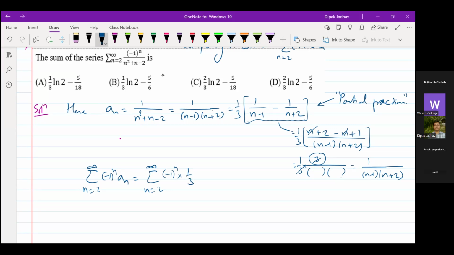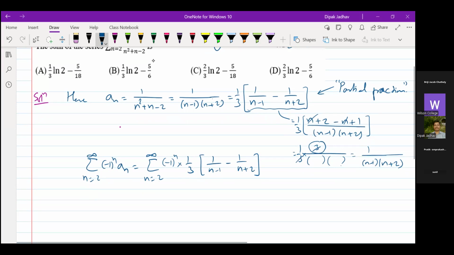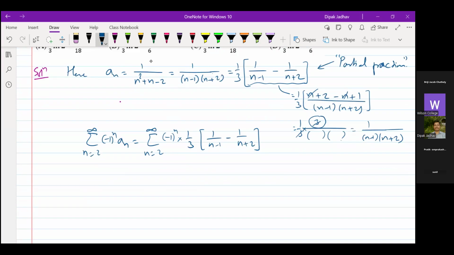It is 1 by 3 times 1 upon n minus 1 minus 1 upon n plus 2. So this will be equal to 1 upon 3 outside, summation n from 2 to infinity minus 1 raised to n upon n minus 1 minus minus 1 raised to n upon n plus 2. Okay.